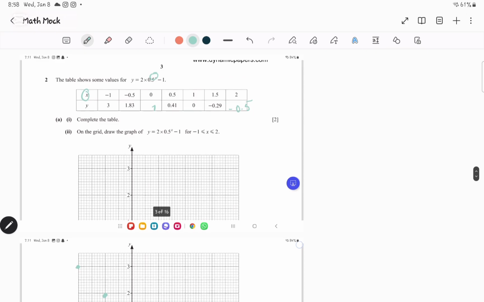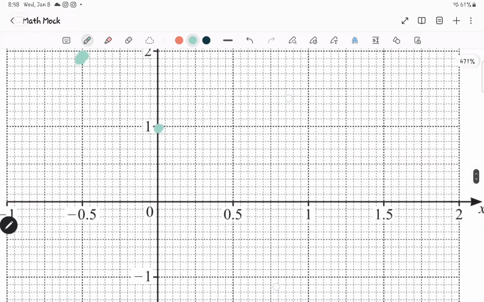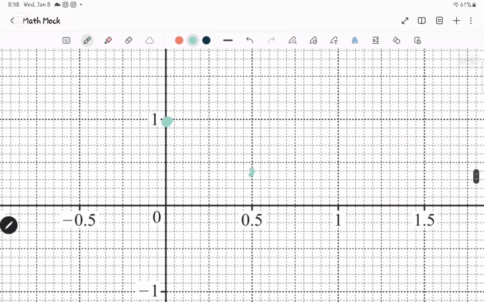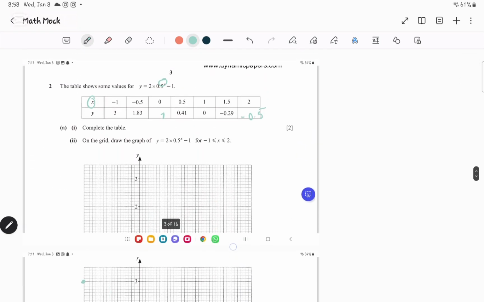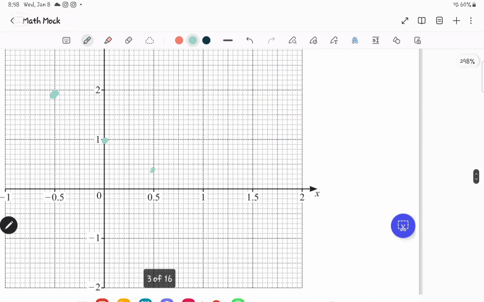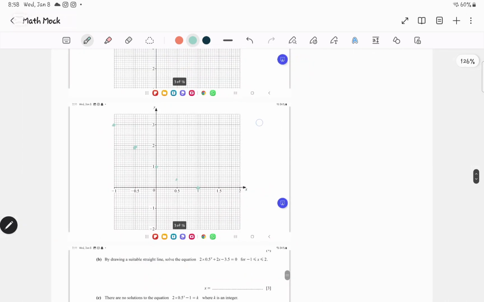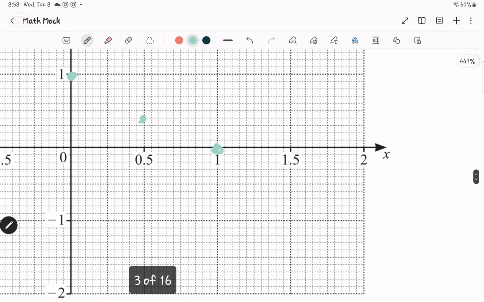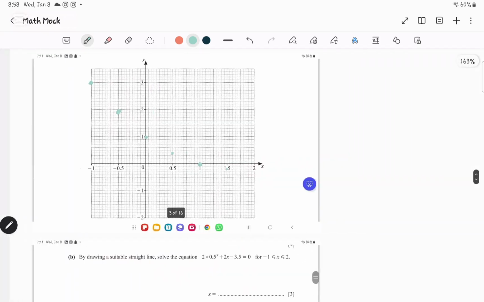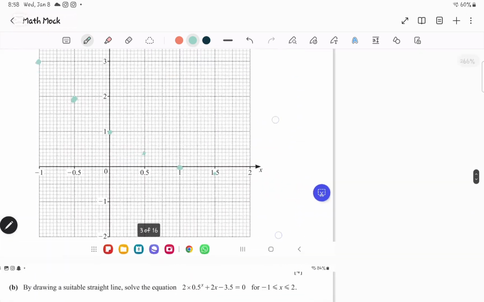Then 0.5, it's 0.41. 1 is at 0. 1.5 is at minus 0.29 over here. And then finally, 2 is at minus 0.5.